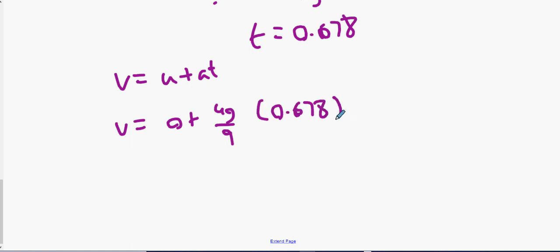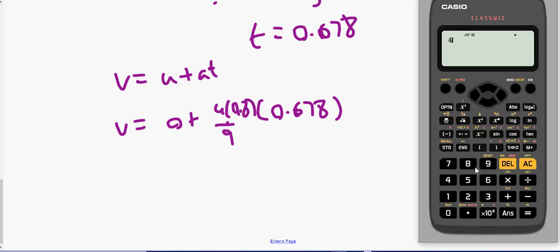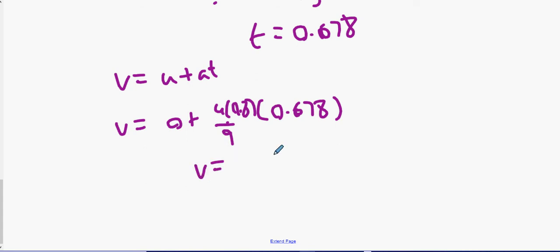We know that g is 9.8. So just lop that into the calculator. 4 times 9.8, divide that by 9, multiply the answer by 0.678. 2.95 lads, and that is me done with this question.